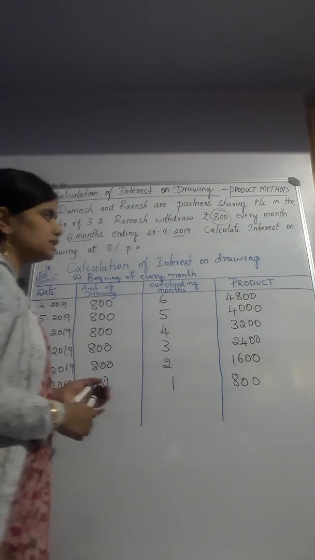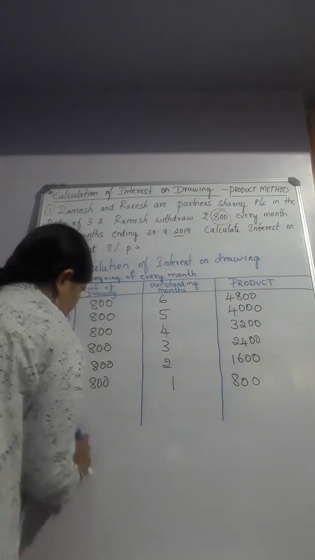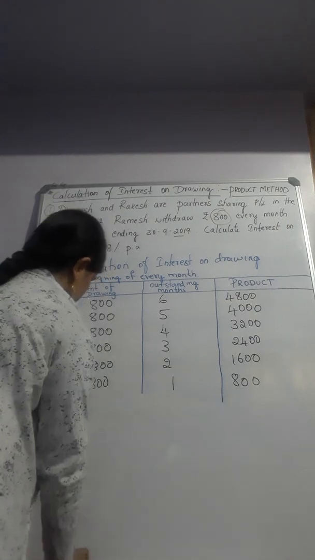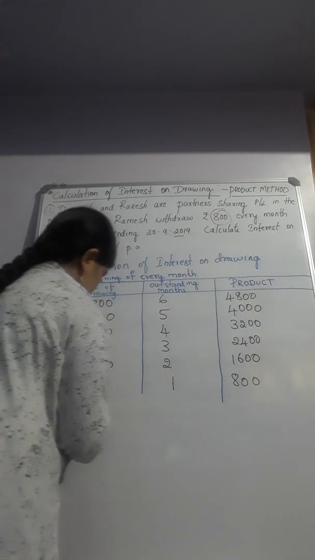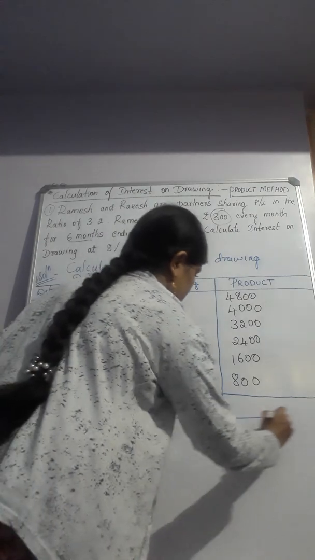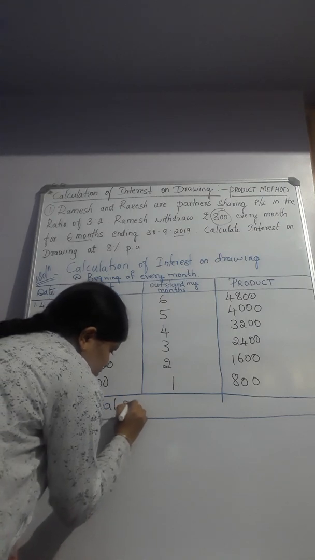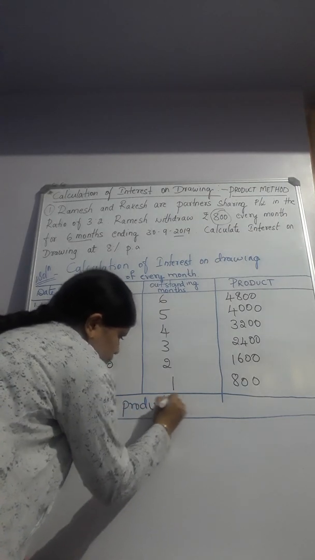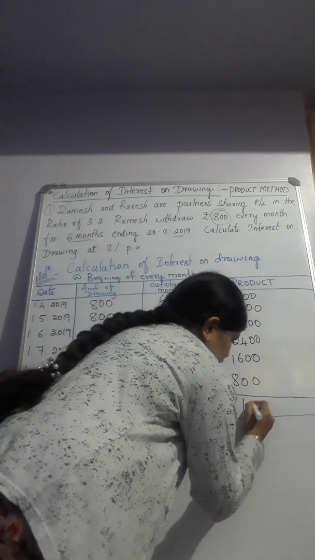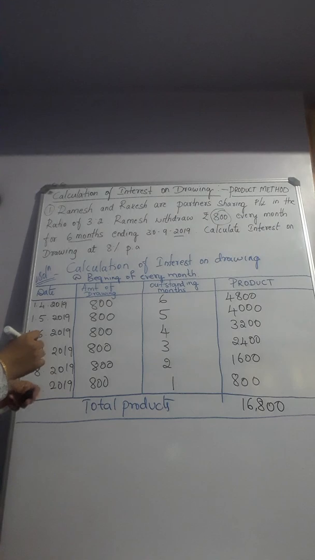Now, what you have to do is add the total products. 16,800 will come if you do this total.